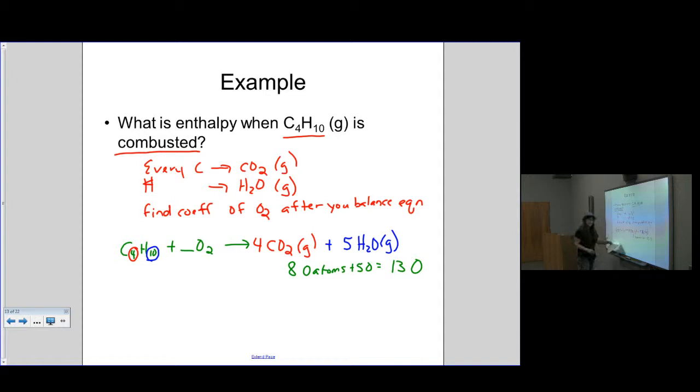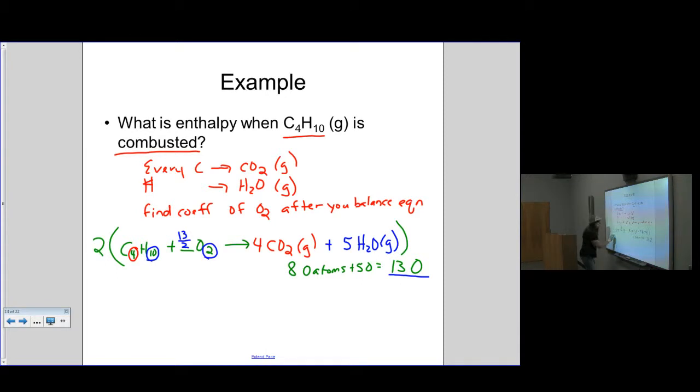So I'm going to come back to this side, and I have a little difficulty here. I have an O2, but I have an odd number of oxygen atoms. So to make that be 13, I'll take 13 halves. Now remember, that is not legal in balanced equations. We can't have a half of an oxygen atom, so we have to multiply everything by 2.